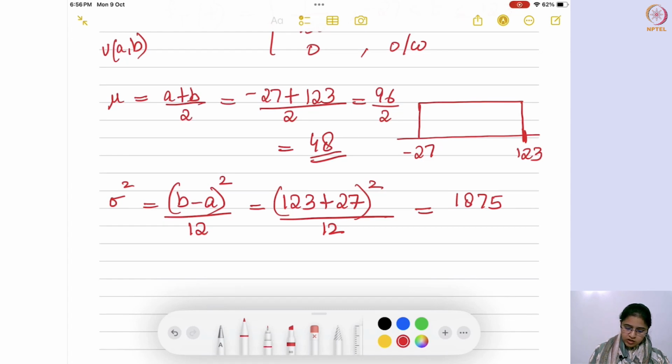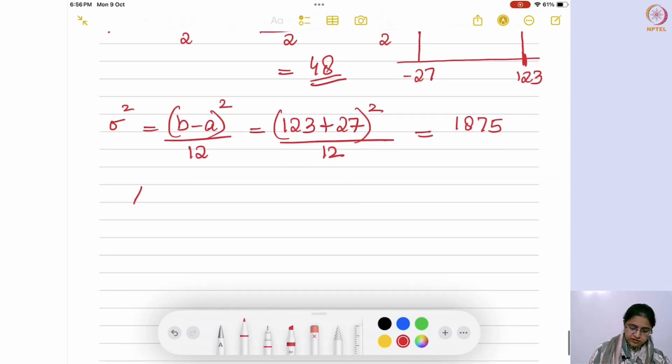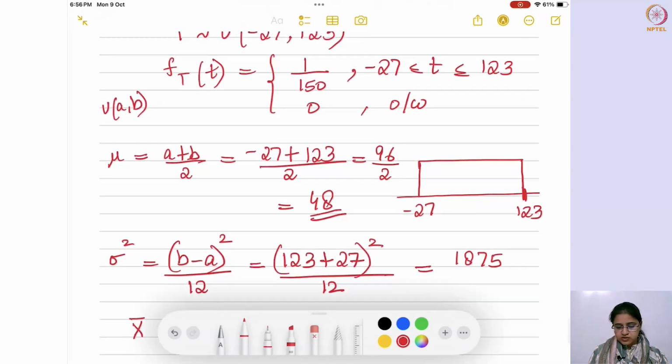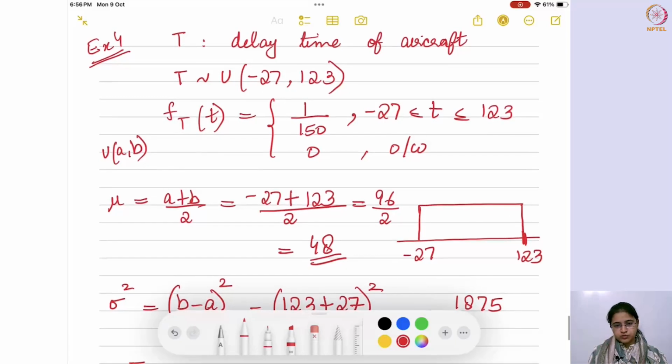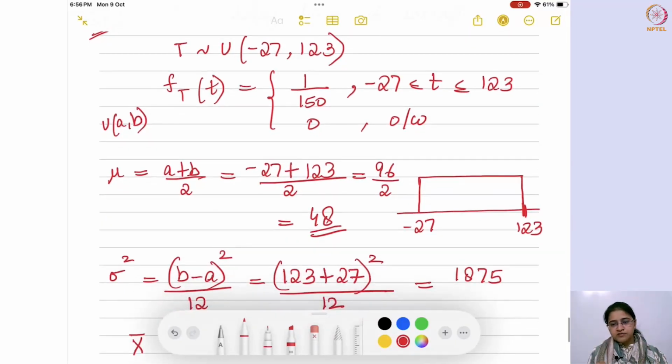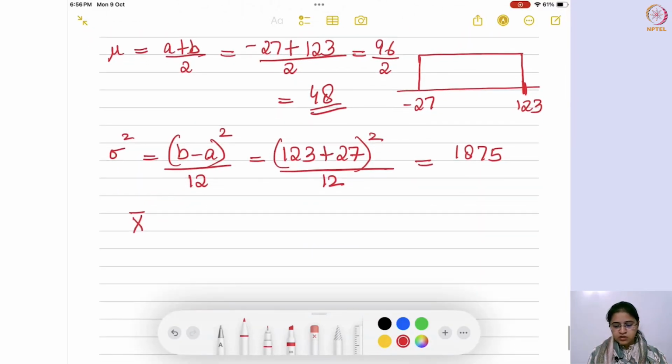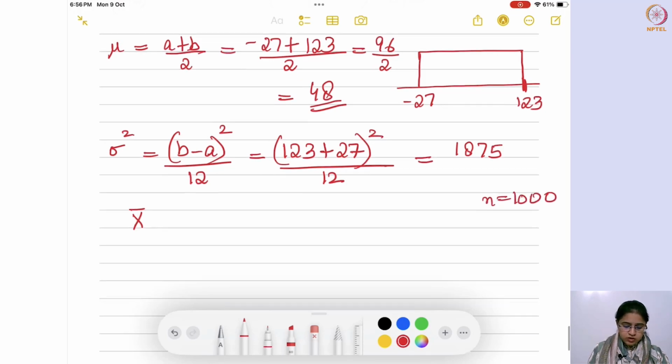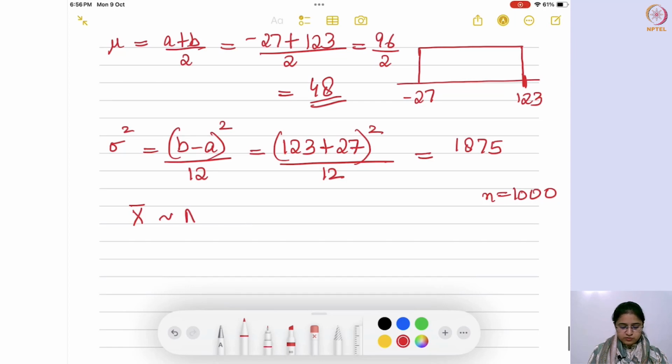Now for the sample mean, if I have to find this distribution: these two, mu and sigma square, are all about the population. We are now interested in the sample mean, and the sample is of size 100. Based on the central limit theorem, the sample mean will follow a normal distribution with mean mu and variance sigma square by n.